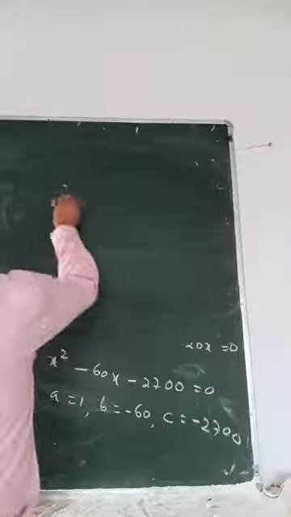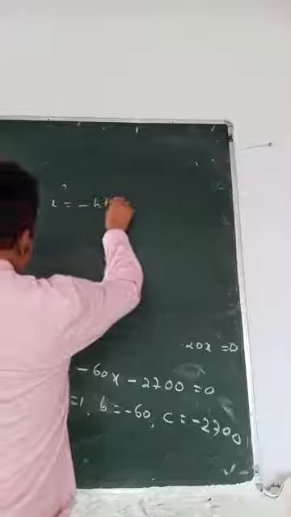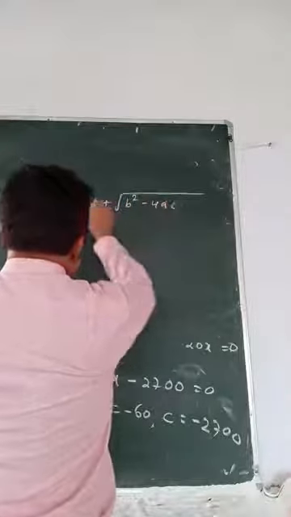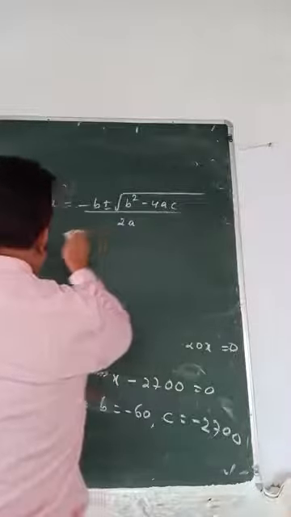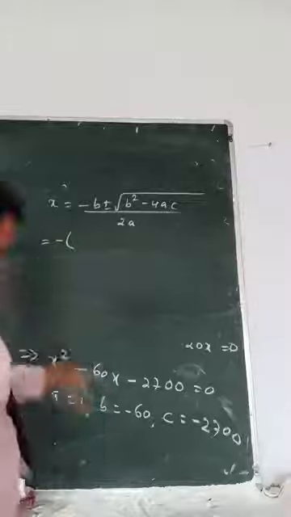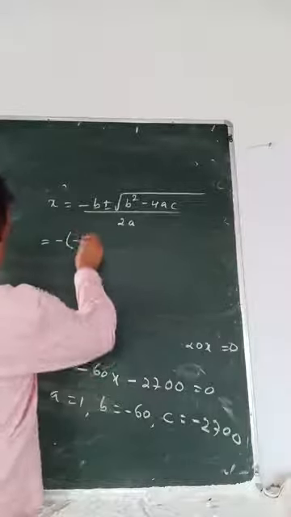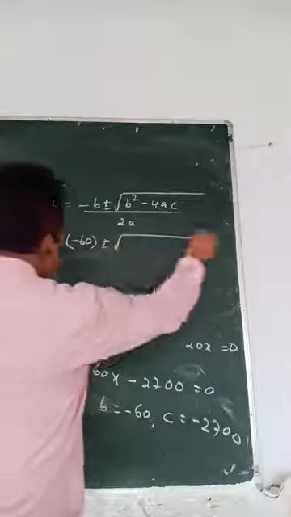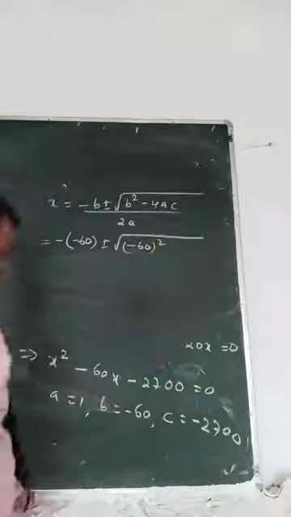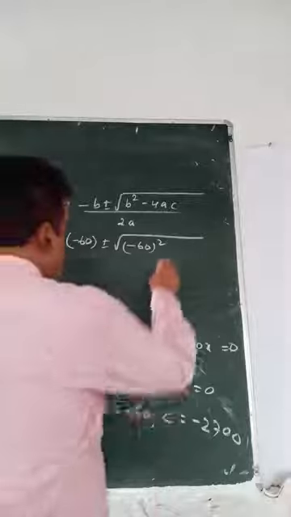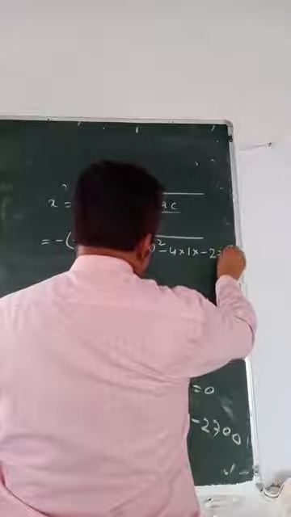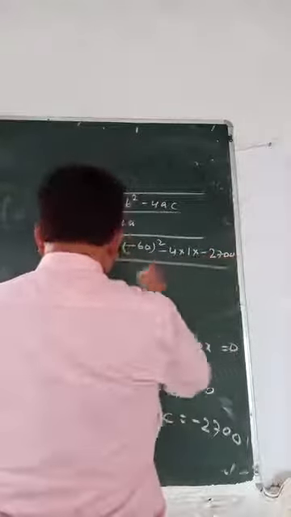So x equals minus b plus minus root of b square minus 4ac, by 2a. Okay, minus minus 60 plus minus root of minus 60 square minus 4 into 1 into minus 2700, divided by 2 into 1.